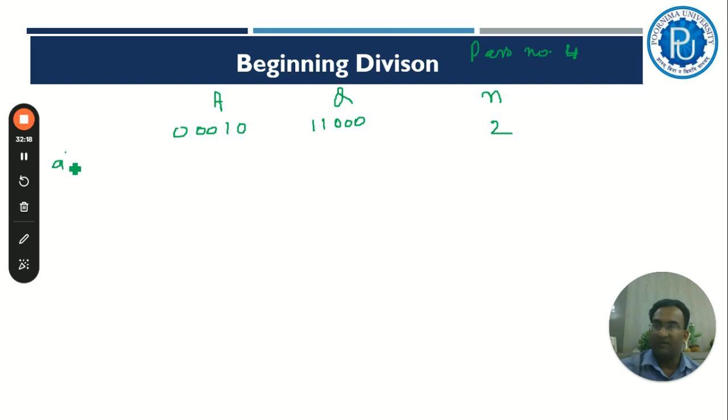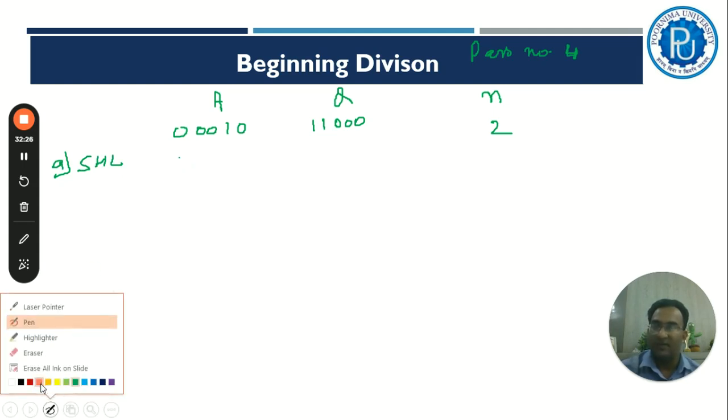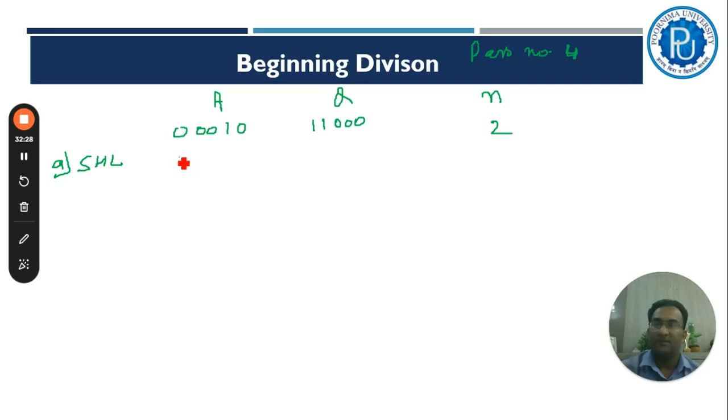In this pass, the first operation will be the shift left operation. So we are going to shift left all the values of the A and Q registers. So this is 0 0 1 0 1 1 0 0 0, and this will be left blank.